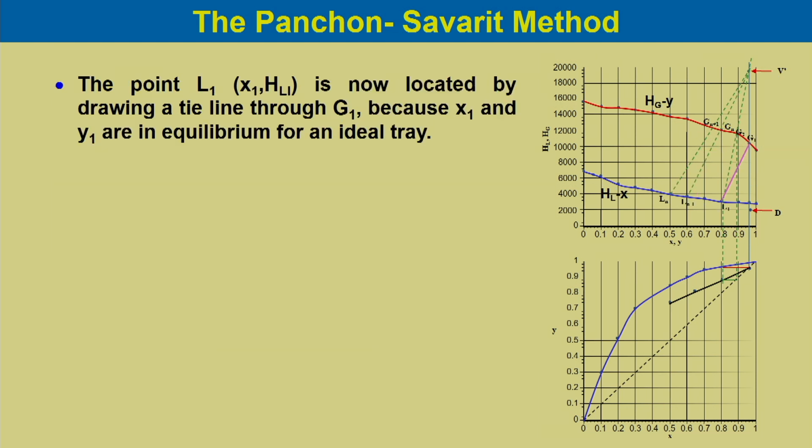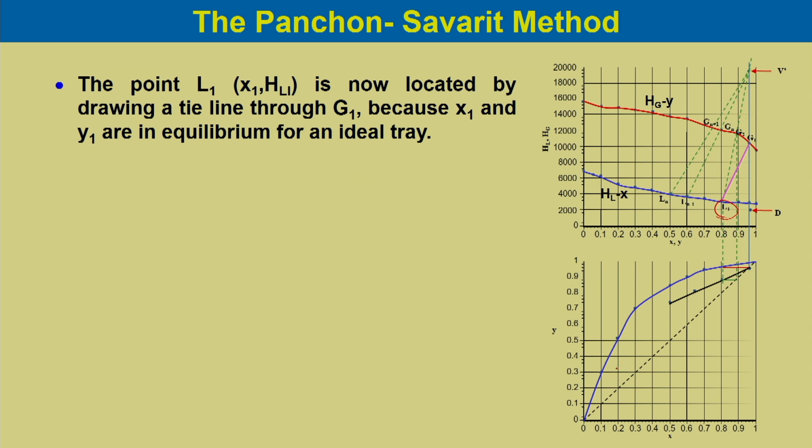The point L1 shown over here, having the coordinates x1, HL1, is now located by drawing a tie line through G1. From G1 we can draw a tie line, because x1 and y1 are in equilibrium for the ideal tray.